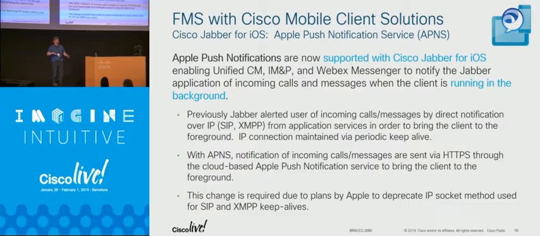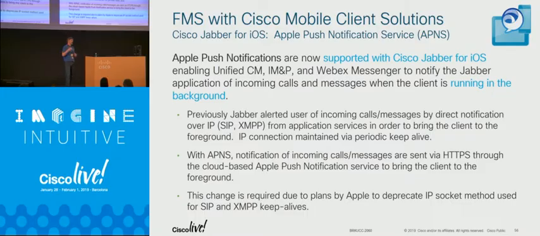Part of the reason that we needed to do OAuth is because this Apple push notification service relies on the client coming out of the background based on that notification fast enough and being able to connect fast enough to receive an incoming call. So if the client's closed or running in the background and an incoming call comes in, I need to get it to come up to the foreground and connect back to Communication Manager to receive that incoming call request.